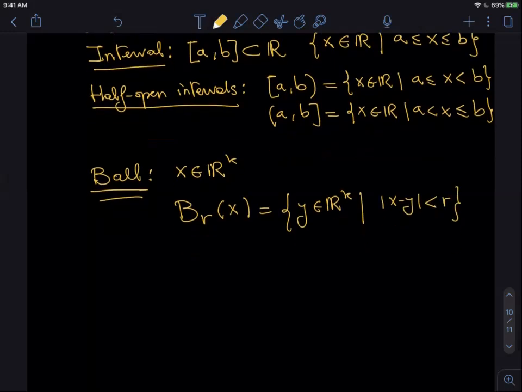So this means the points that are within a distance r from the point x.